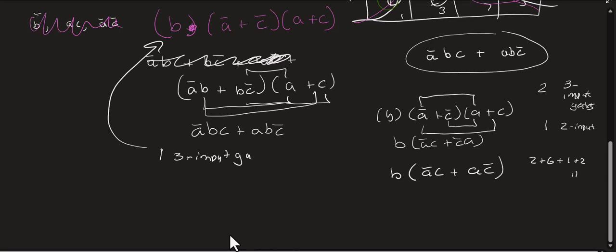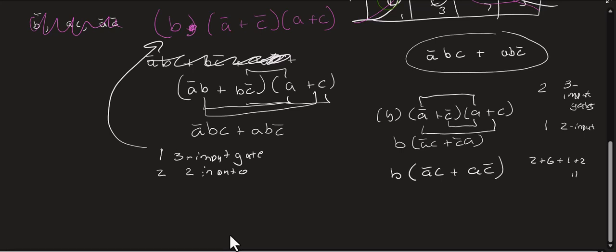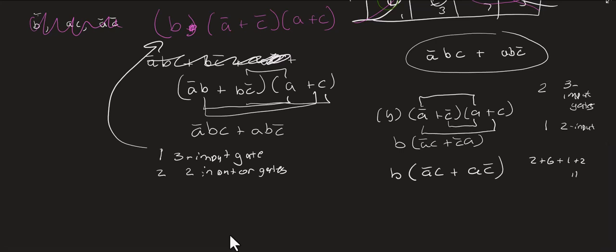I knew what you meant. And what else? 2 OR gates with both 2 inputs. And sometimes you count NOTs and sometimes you don't. I didn't count the NOTs over here, so I won't count them here. It would be the same on either one. You wouldn't need more NOT gates on one than the other.